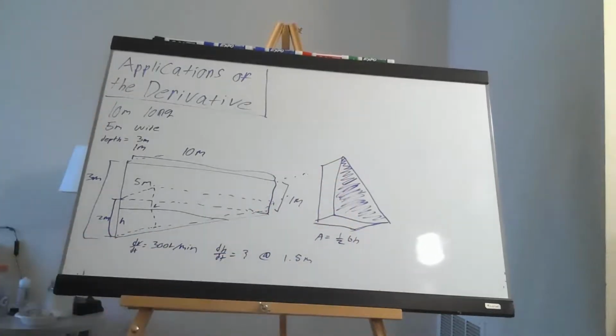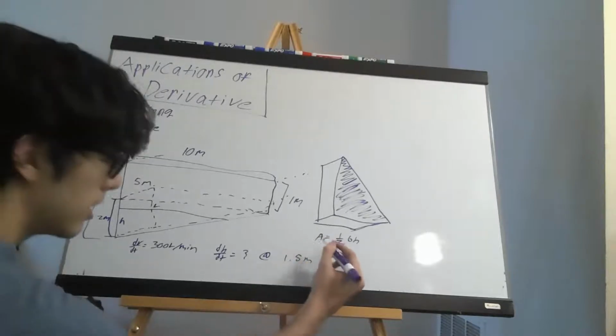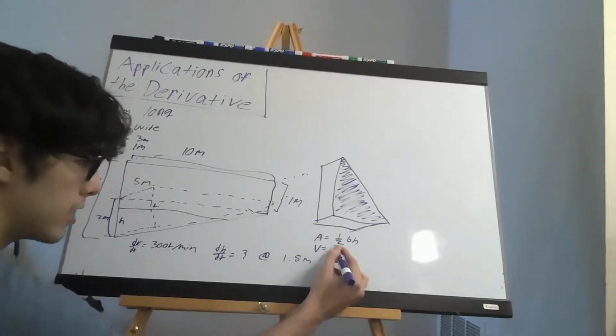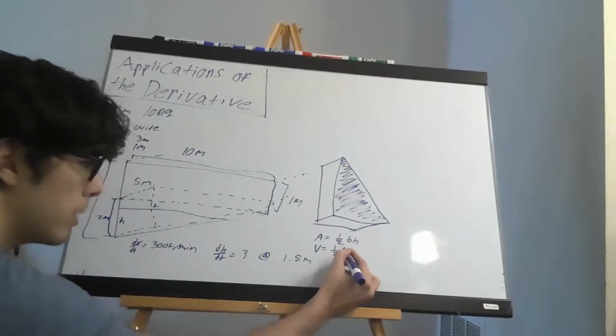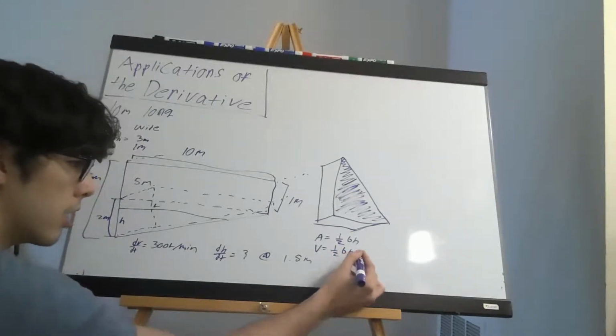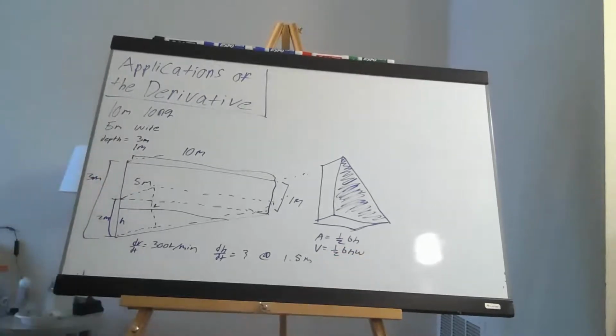Since this is a triangular prism, the volume is going to be equal to 1/2 base times height times width. They want to find out what the rate of change is for the height at 1.5 meters deep.